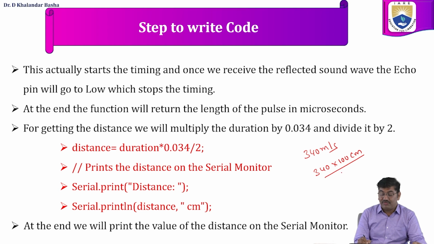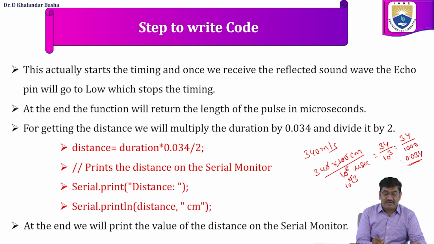Seconds are converted into microseconds, which we can write as 10 to the power of 6 microseconds. Next, 10 to the power of 2 over 10 to the power of 6 gives 10 to the power of 4 in the denominator. Here 340 becomes 34, so 34 divided by 10 to the power of 3, which is 34 divided by 1000, which is nothing but 0.034.